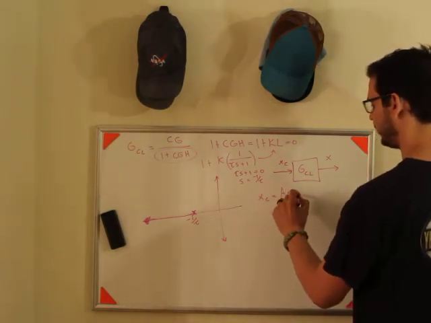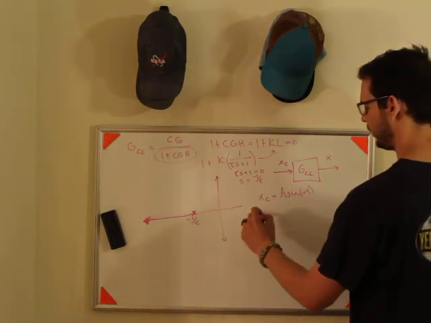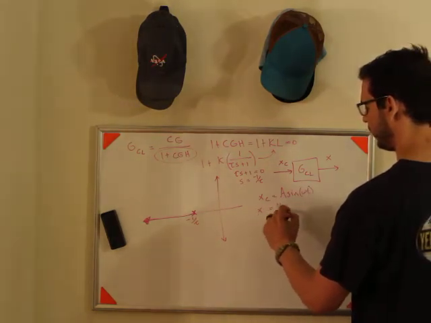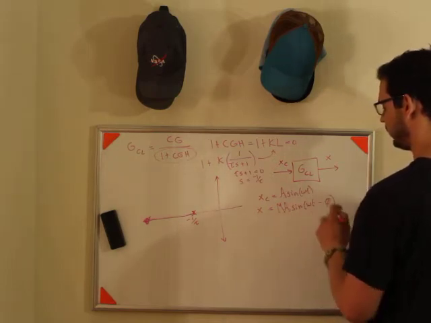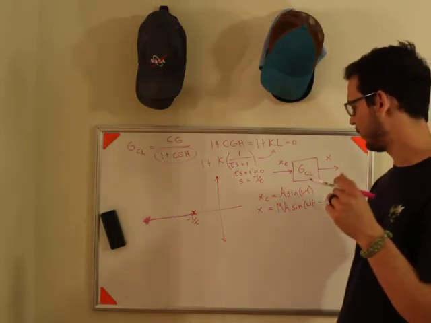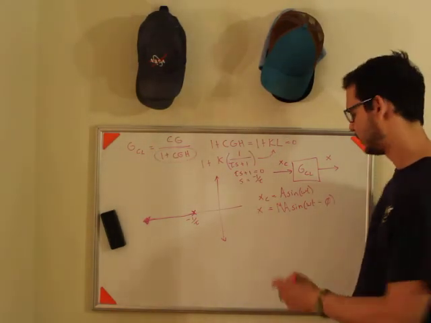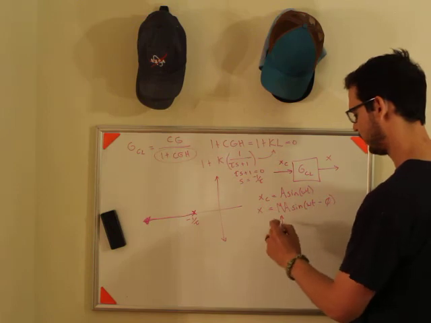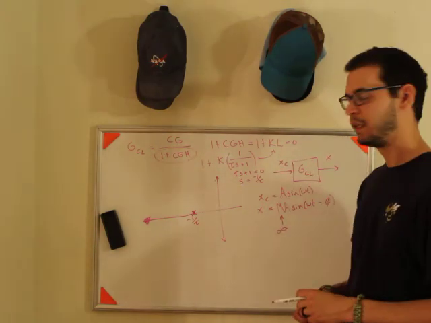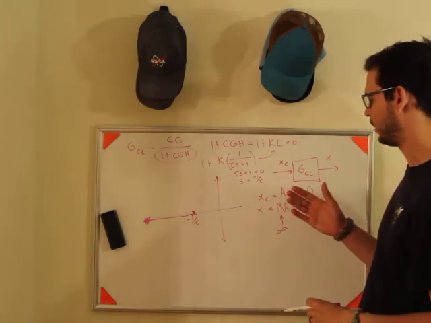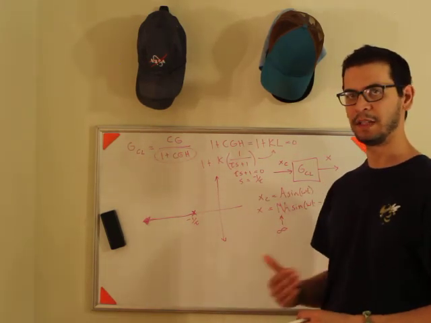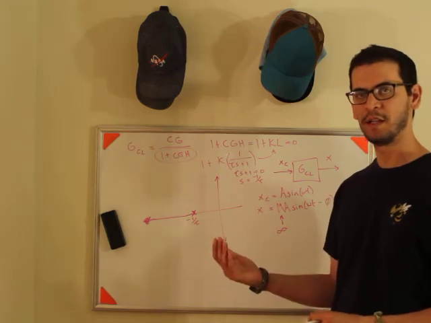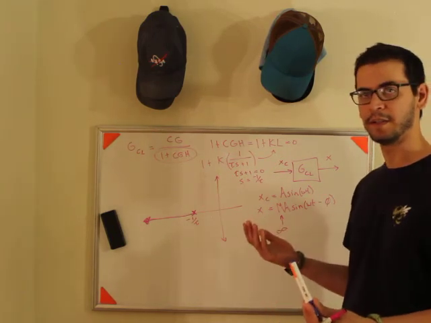This is going to be A sine omega t, and my output is going to be MA sine omega t minus phi, right? Now, for your system to go unstable, this M here needs to blow up, okay? What really happens is that there's a scenario where your system can't keep up. Your system lags behind so much that it just blows up and goes unstable.